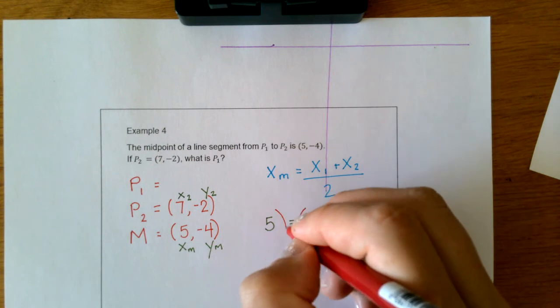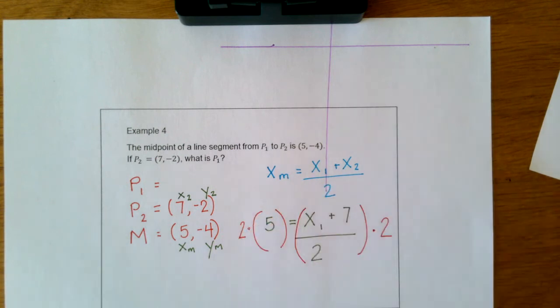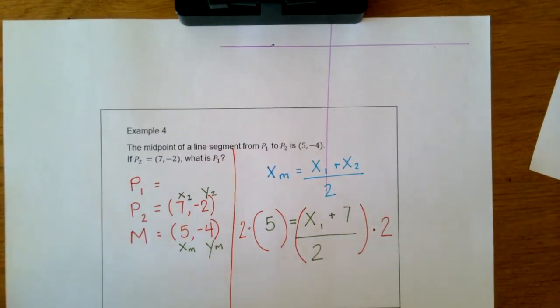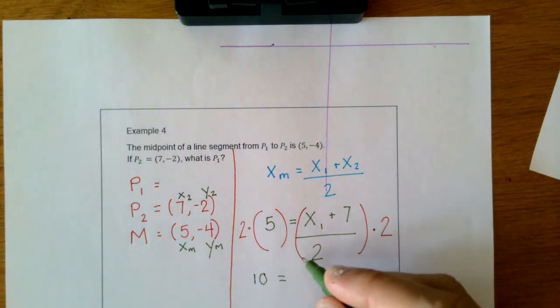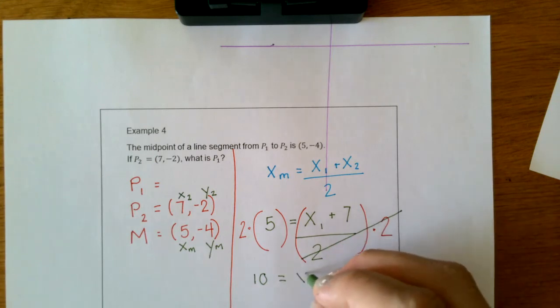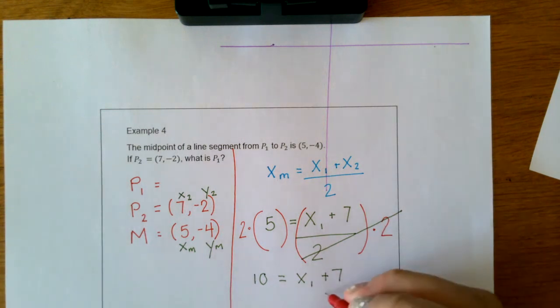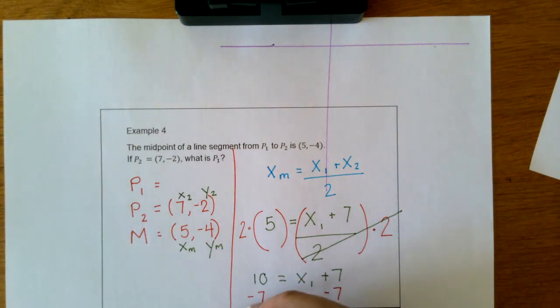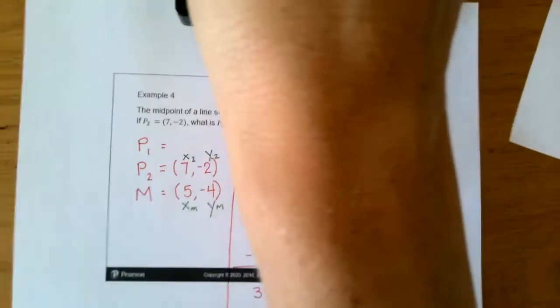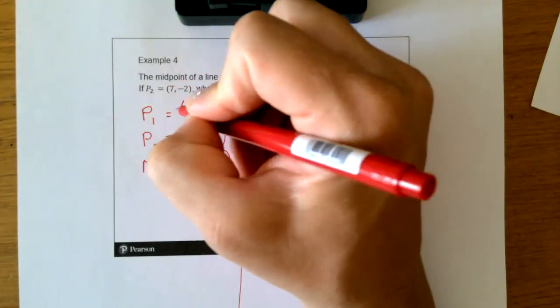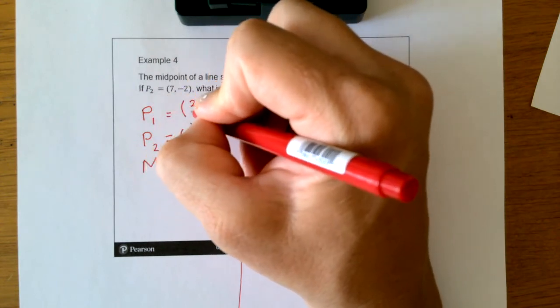Anything I do to this side, do it to this side. Two times 5 is 10. We multiplied in order to cancel those. So now we have 10 equals x1 plus 7. So now I just need to subtract 7. So I get 3 is x1. So the x of point 1 is 3.